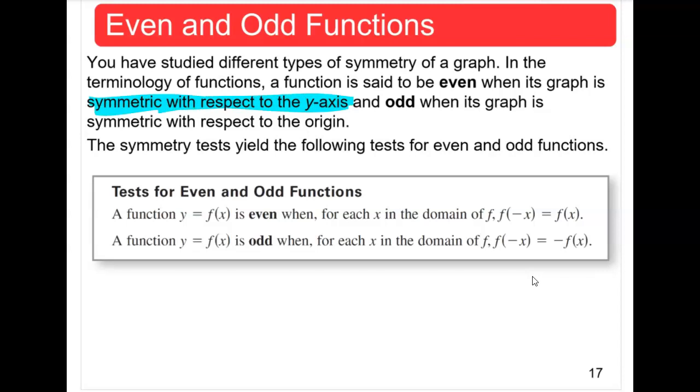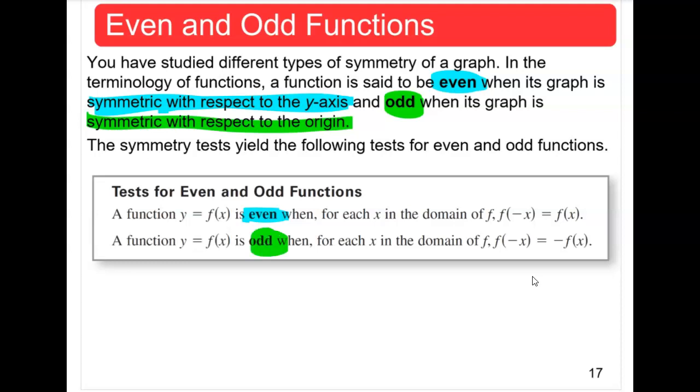And just so you know, those functions are called odd functions. And then we also, I'm sorry, no. Those are even functions when they're symmetric with respect to the y-axis. Even functions. And then they are odd when they are symmetric with respect to the origin.